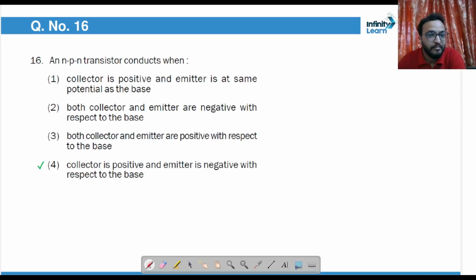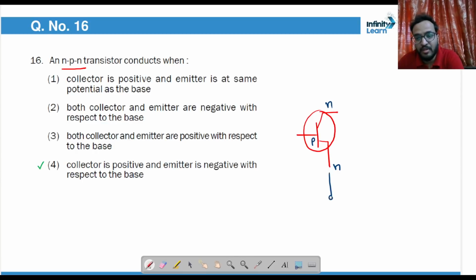Npn transistor. See, in a transistor, always remember that the emitter base junction is forward biased and the base collector junction is reverse biased. So we have to make sure of this. See, this is a transistor. Now what kind of transistor is this? This is Npn. Suppose this is your emitter, this is your base, and this is your collector.